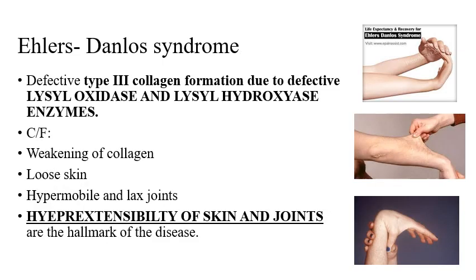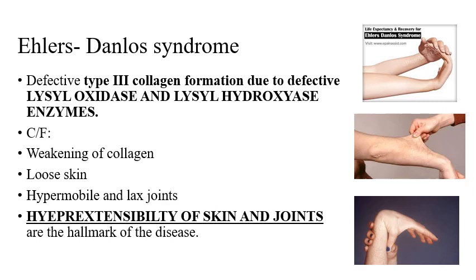The second disease is Ehlers-Danlos syndrome, a group of inherited conditions where the principal or most significant feature, the hallmark of this disease, is hyperextensibility of the skin and the joints. The defect here is in type 3 collagen formation because of defective lysyl oxidase and lysyl hydroxylase enzymes.